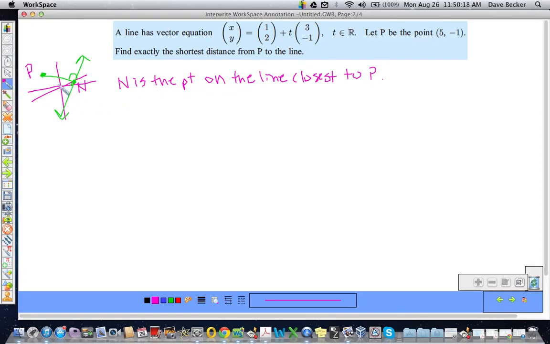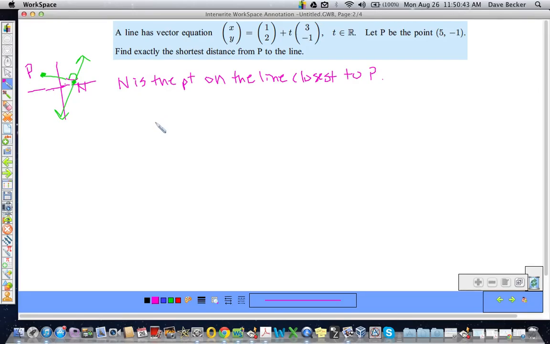Oh! We're not in 3 space, so just assume we're in 2 space. Sorry about that. No harm, no foul. This would be a rough drawing of it. I could do a lot better than that. (5, -1) is over here. I'm sorry. Build a bridge, get over it.